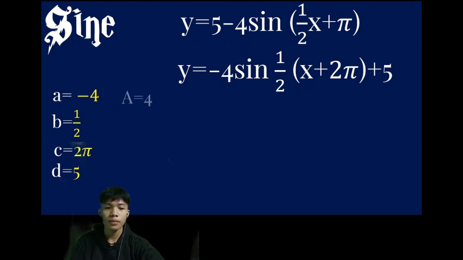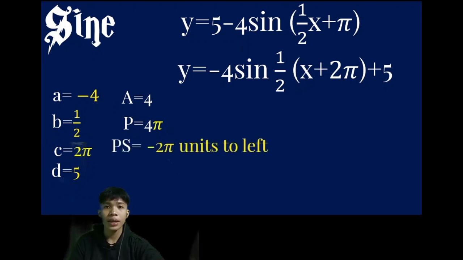Now, to get the amplitude, we simply need to get the absolute value of the a value. So the absolute value of negative 4 is going to be positive 4. To get the period, we need to divide 2 pi all over the value of b, and 2 pi divided by 1/2 is going to equal 4 pi. To get the phase shift, we simply need to get the negative c, and the c value is 2 pi, so we only need to add a negative sign in front, so we get negative 2 pi units to the left.